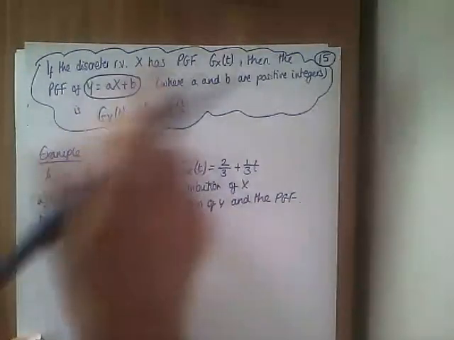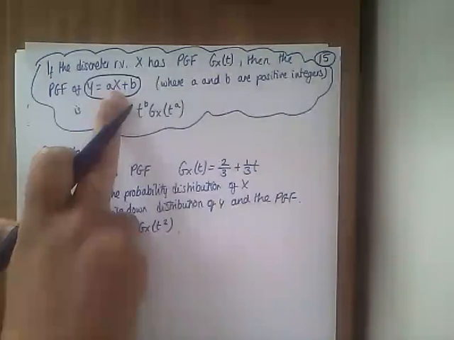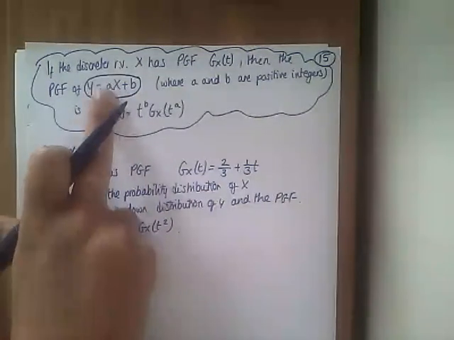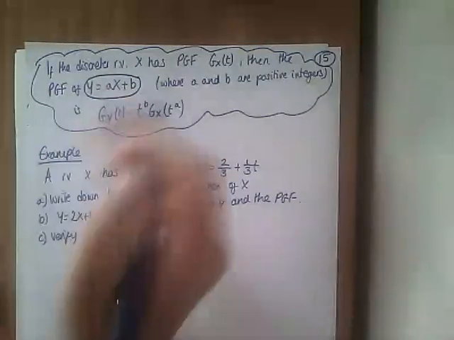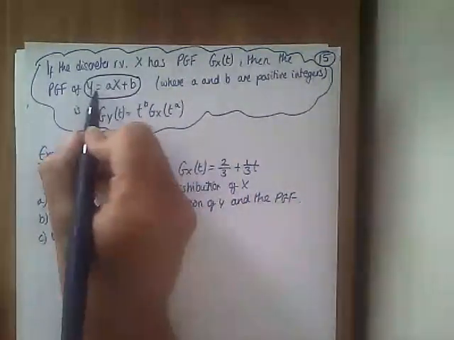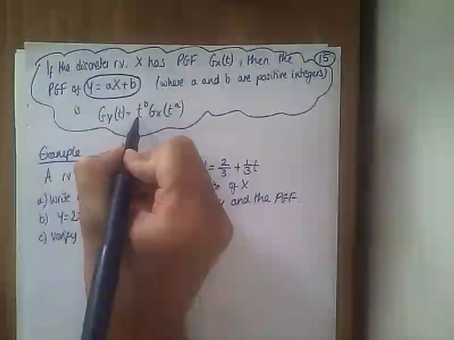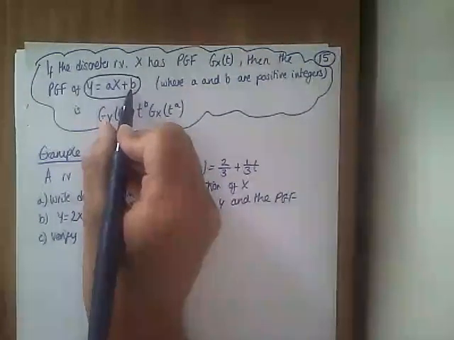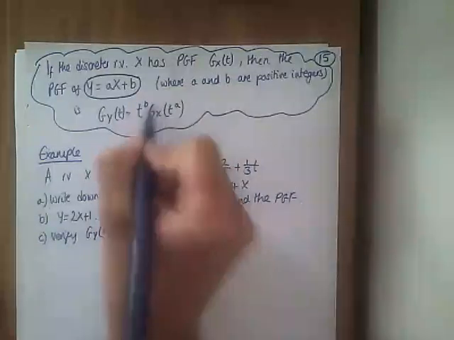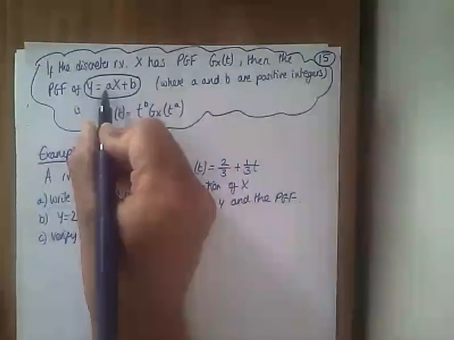Now that is like when we do discrete distributions and you times that variable by a constant and you add a constant on the end, okay? If that is true, then what you do is you do t, so your dummy variable, to the power of the constant on the end, and then you do g, your PGF of t to the power of your constant at the front.